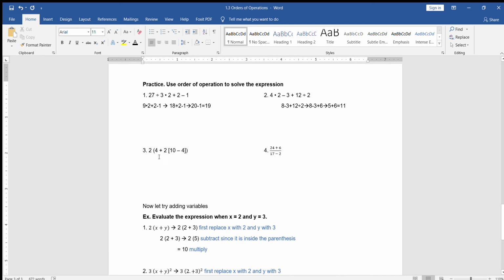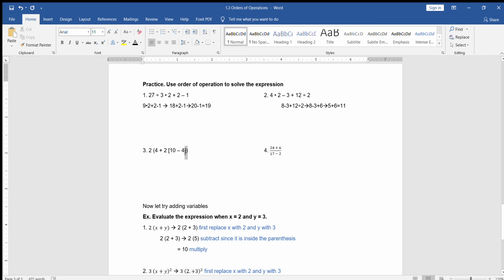Just eliminating some spaces. So now we have 2 times [4 plus 2 times (10 minus 4)]. What do we do first? We do the operation inside the parentheses, the innermost parentheses, which is inside this square looking parentheses.